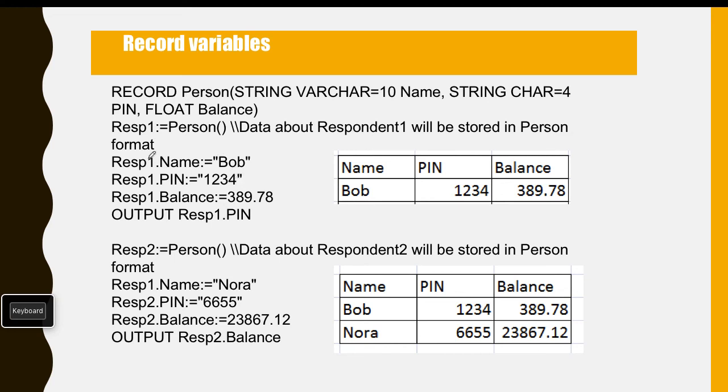If you think about this as a survey, we've got first respondent, respondent 1, their name equals Bob. So we make type person equals to the field. So we said type of record dot field name equals to, and then we assign it accordingly.